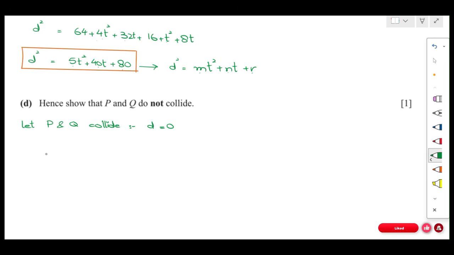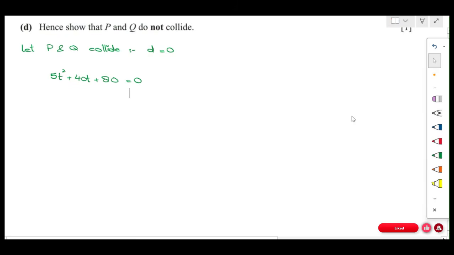Okay, so when the d value is 0 over here, we can say 5t square plus 40t plus 80 should be equal to 0. Everything is divisible by 5, so divide by 5. Now this is t square, 5 times 8 is 40 and 5 times 16 is 80, equal to 0.